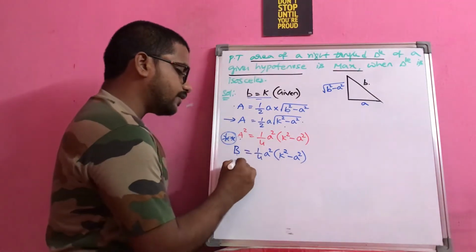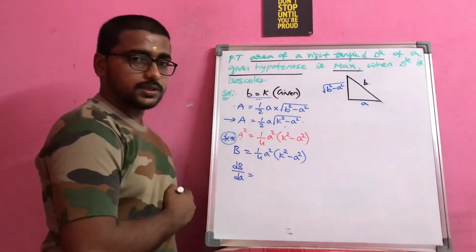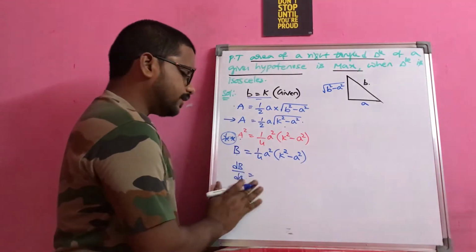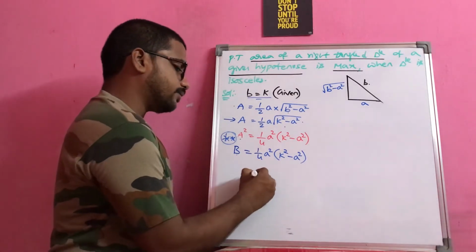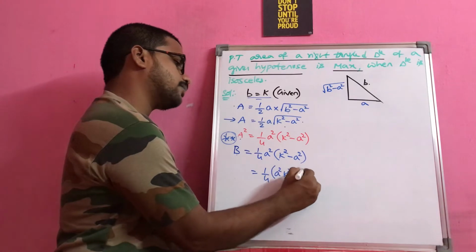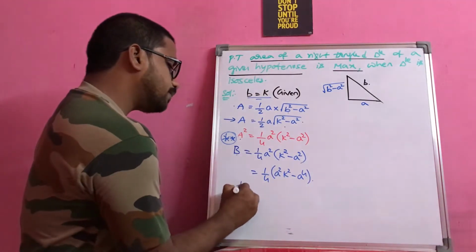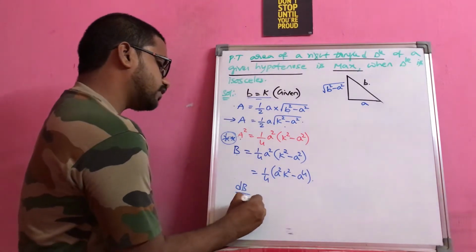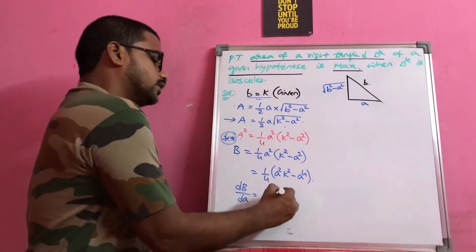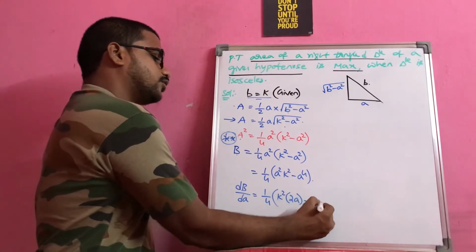Now if I apply differentiation with respect to a, why? Because k is a constant. Before that I will modify it a little bit: 1 by 4 of a square k square minus a power 4. Okay, so dB by da, if I do the differentiation, is 1 by 4 k square of 2a minus 4a cube.